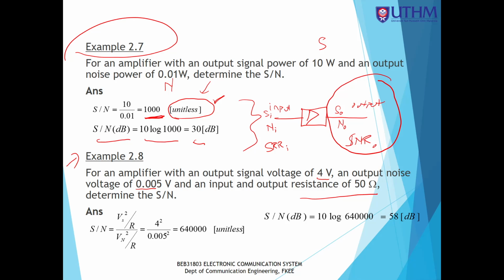In this case, you see that S over N is equal to Vs squared over R divided by Vn squared over R. So here you get 4 squared divided by 0.005 squared. You are going to get 640,000. This is for S over N only.